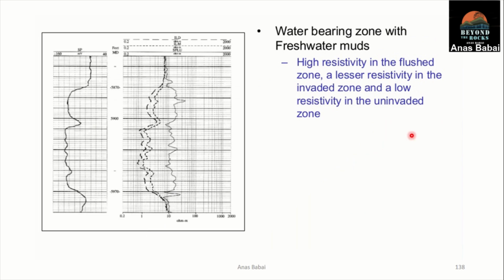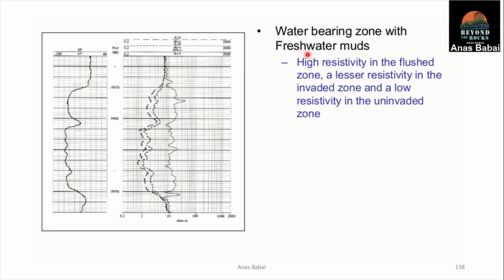So in the first scenario, we have a water-bearing zone with fresh water mud. Since the drilling fluid is fresh, it will contain low salt, and since it contains low salt, it will have low conductivity, and for that it will have high resistivity.